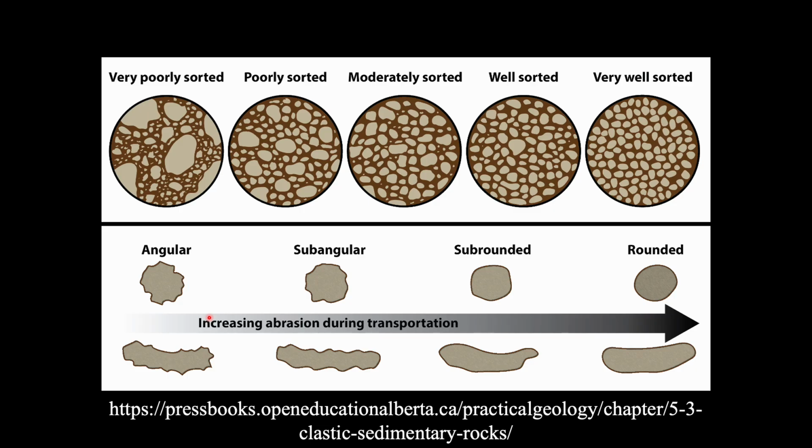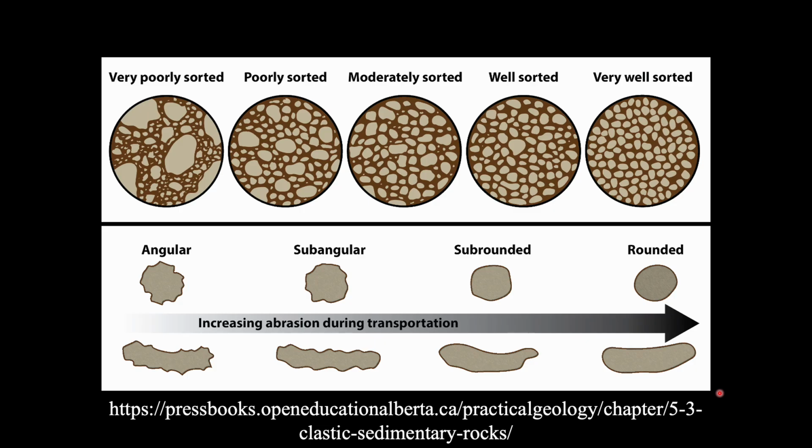And they can knock off the sharp edges and corners because those are the weaker parts of the fragments. And so over time, as the fragments are transported, they'll become better rounded. Now, note, rounding doesn't necessarily mean spherical. See, this is a very well-rounded fragment that's not spherical. Rounding just refers to a lack of sharp edges and corners.